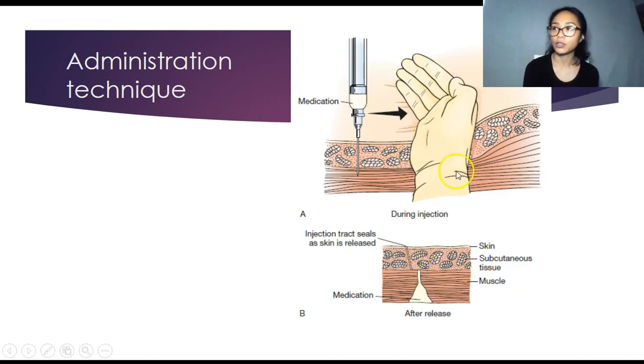This shows the lateral tension before and during injection, and then this shows after the release. See that top layer moving to the side, and this is the track of where the injection was, and then it gets locked in because you've placed the tissue back.